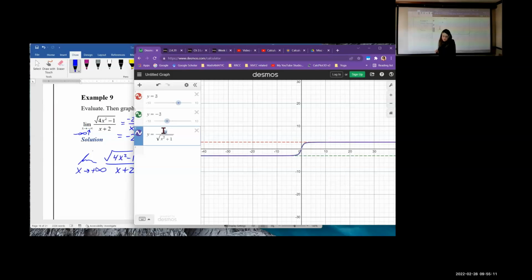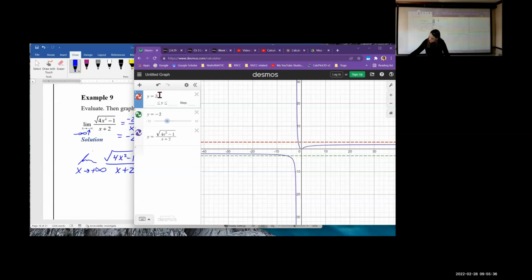So when we look at this one, we would have the square root of 4x squared minus 1 over x plus 2. And our asymptotes are 2 and negative 2.